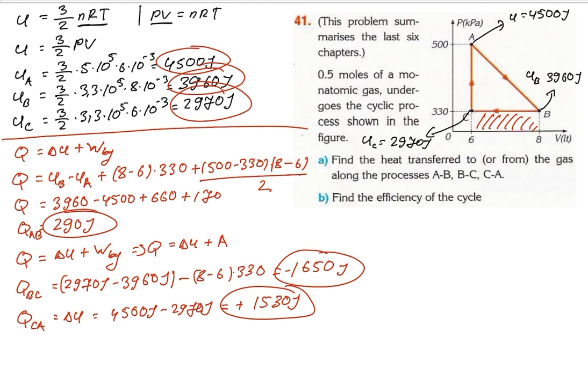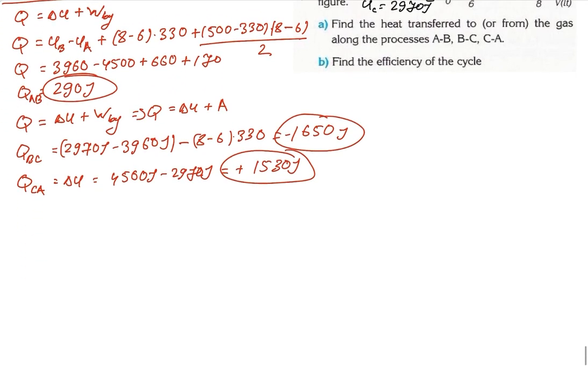And now question B, find the efficiency of the cycle. So we know that efficiency is actually equal to work net. In a cyclic process, it will be useful work net over the Q given to the system, which entered the system.